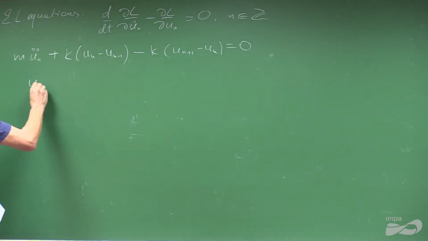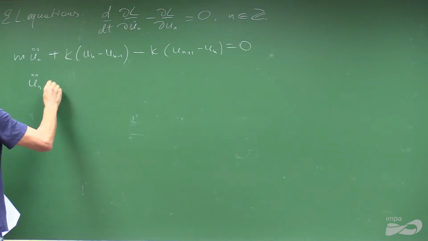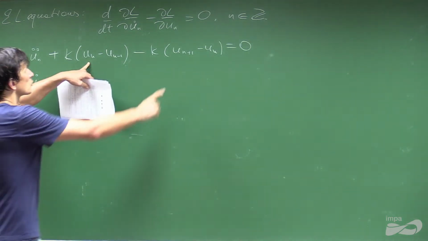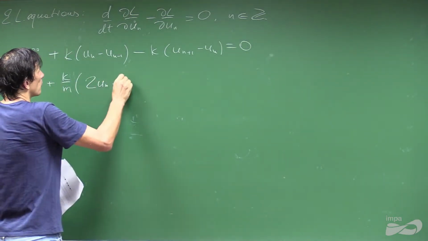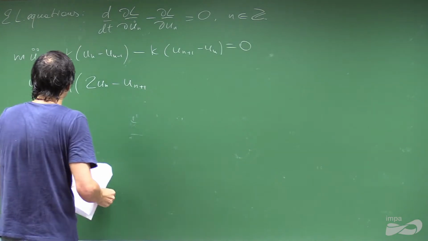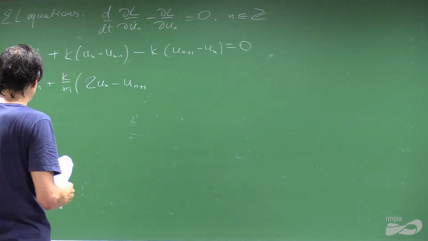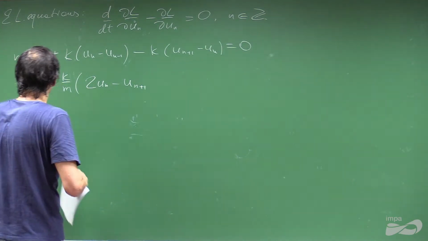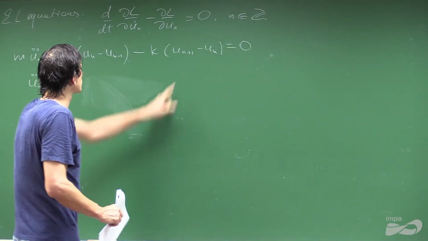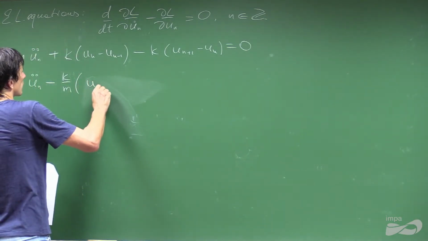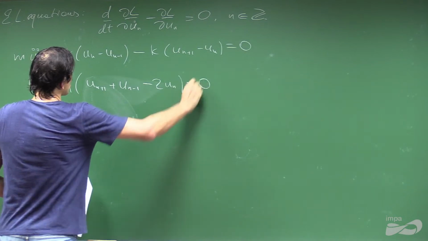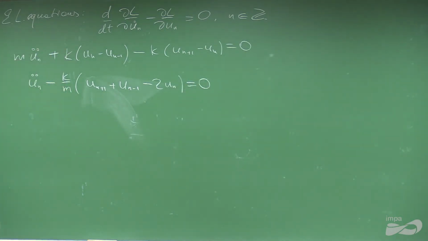So it will be u_n double dot plus k divided by m, and then inside, you see there will be twice u_n minus u_{n+1} minus u_{n-1}. Let's put minus and do it the other way around: u_{n+1} plus u_{n-1} minus 2u_n equals 0. So that's the equation of motion that we have.